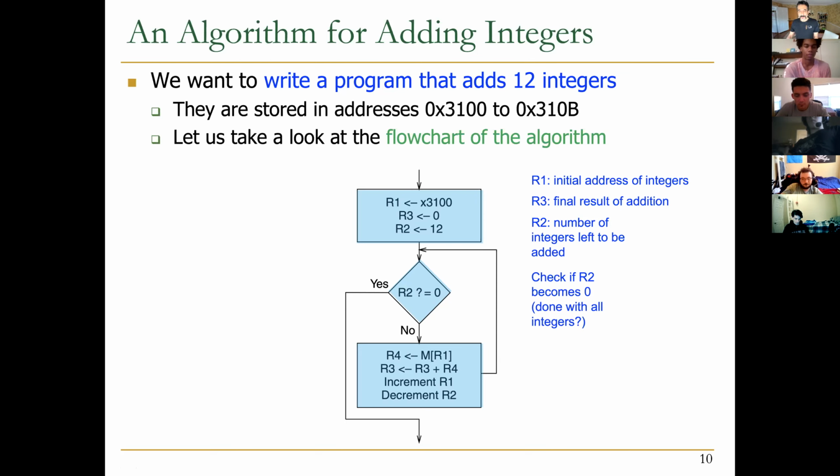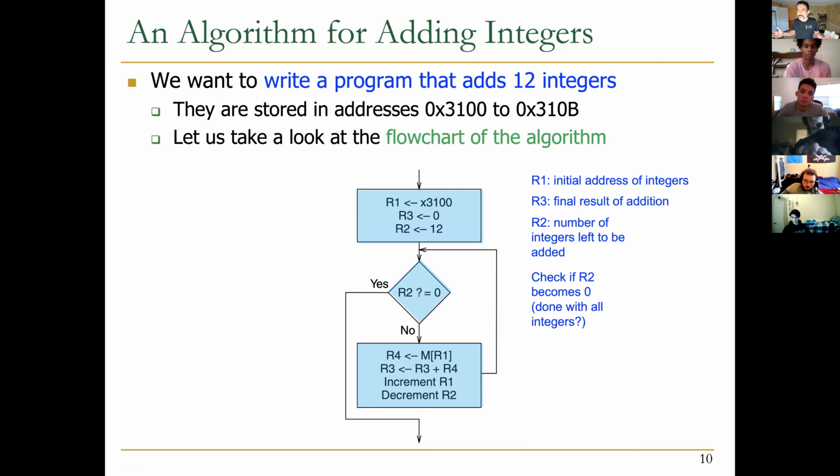So you put the content of the memory in R4, and then you add R4 to R3 and put it in R3. R3 is keeping track of the sum. So you add them, and then you increment R1 to go to the next memory address, and then you decrement R2, meaning that there is one less number to be added.